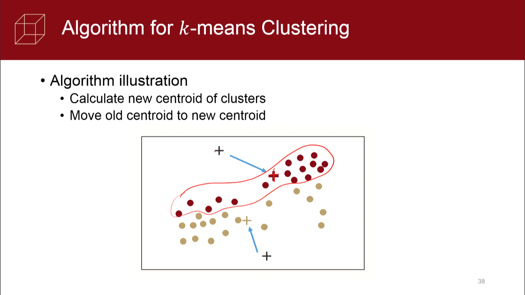So the centroid is changed from this to this for this cluster, right? You do the same thing for the yellow dots: you calculate the average of all the yellow points, and that will be the new centroid. So the yellow centroid will be moved from this to here, all right? So you have the new centroids.